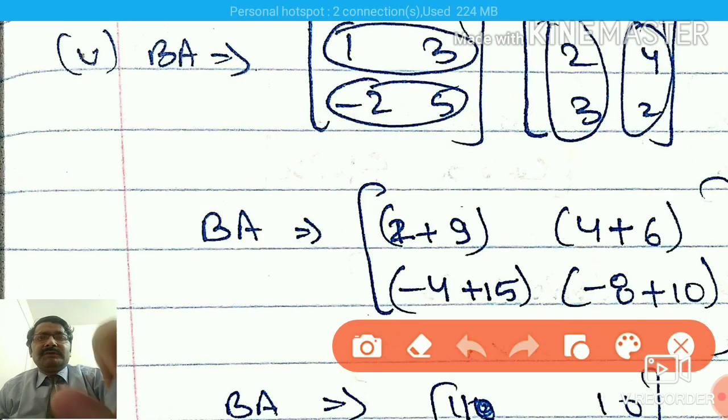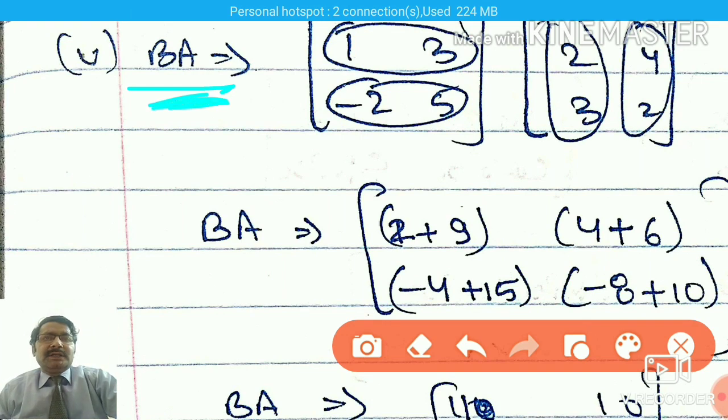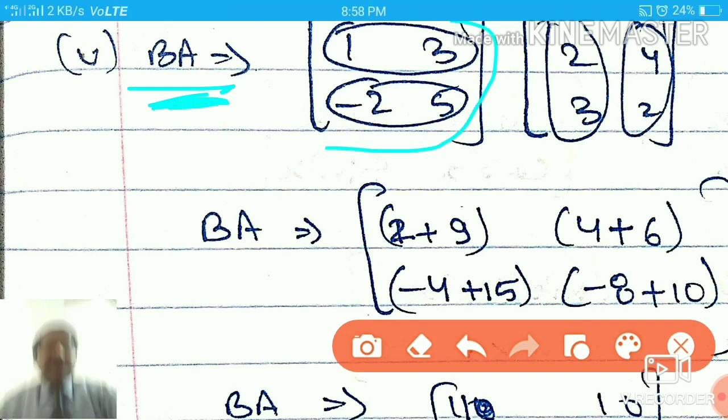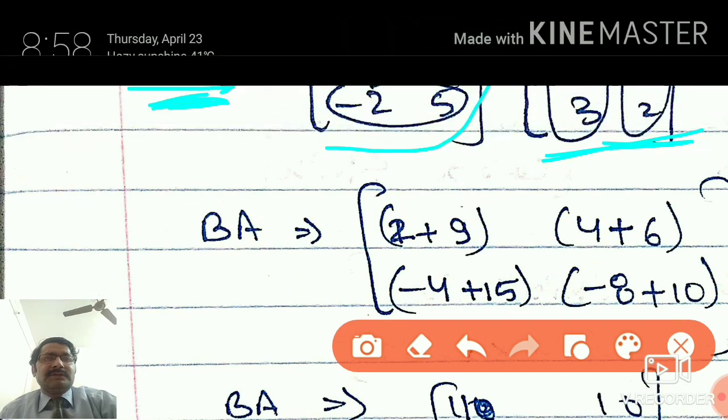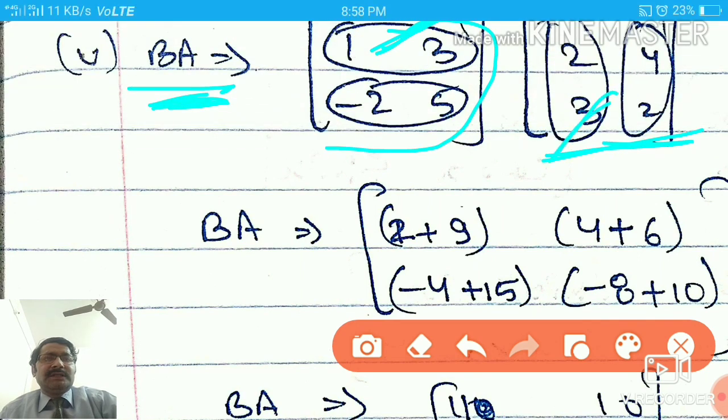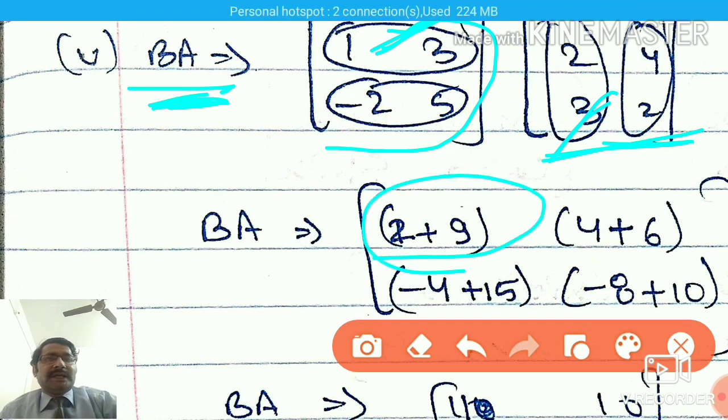Now similarly we find BA. How can we find BA? First you write B, then you write A. Here the first row is 1 and 3, and the first column is 2 and 3. You multiply these and you get 2 plus 9.